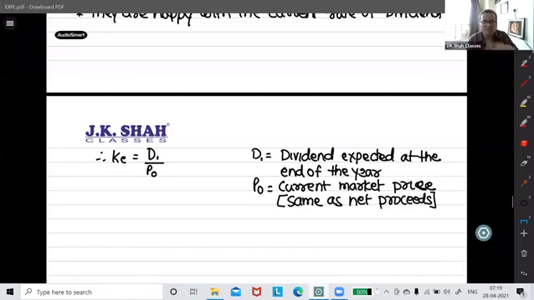Face value plus security premium minus discount minus flotation cost. Yes, it can be brokerage commission as given in the question. So we remember like that: face value plus security premium minus discount minus flotation cost.